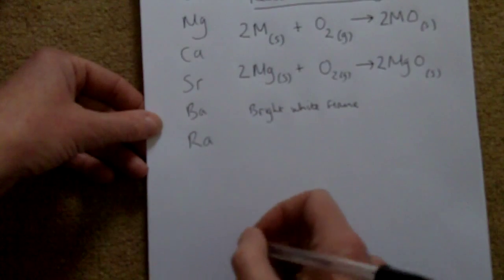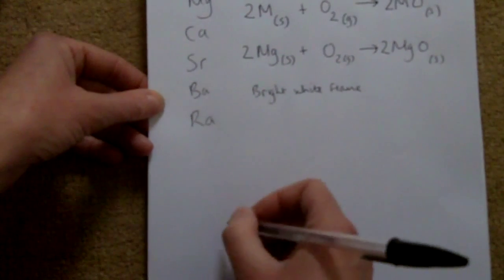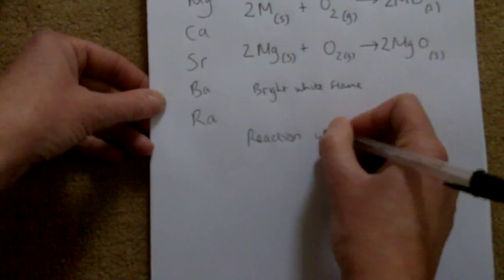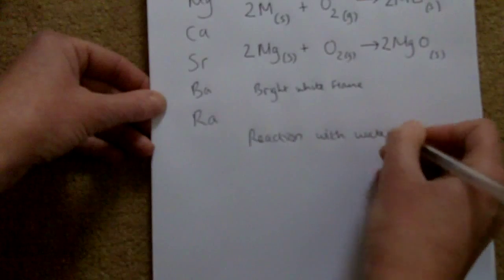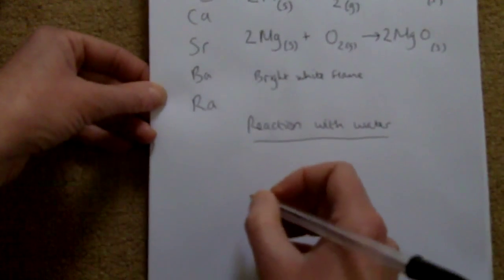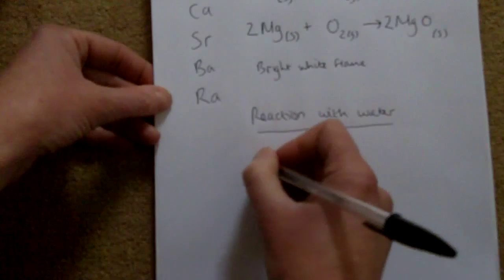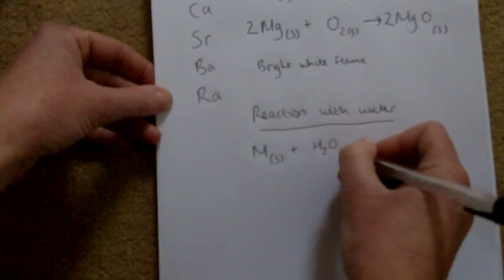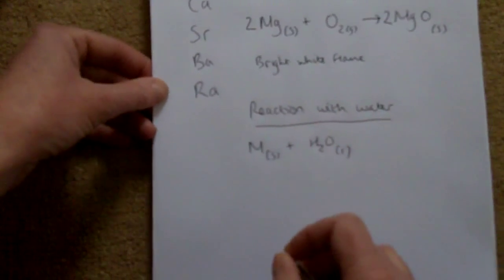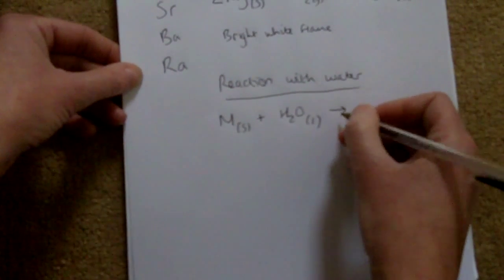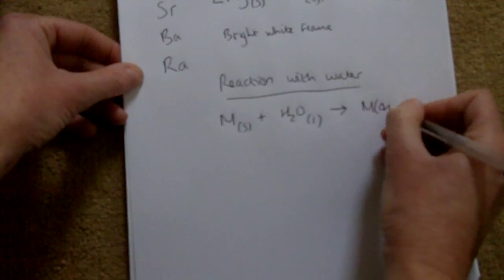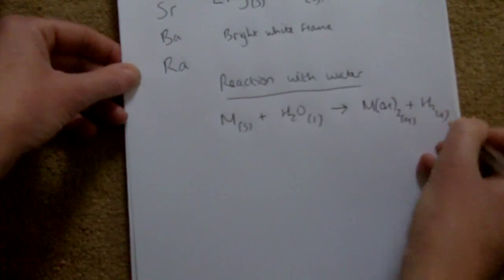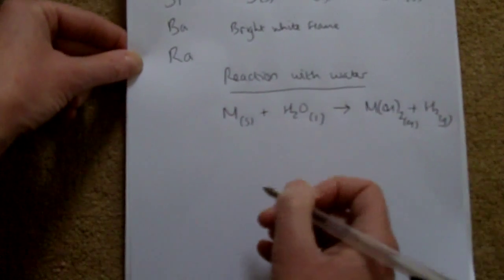Then let's do the next one. Reaction with water. And when you put a group 2 metal in water, it forms metal hydroxide plus hydrogen gas, H2 gas.